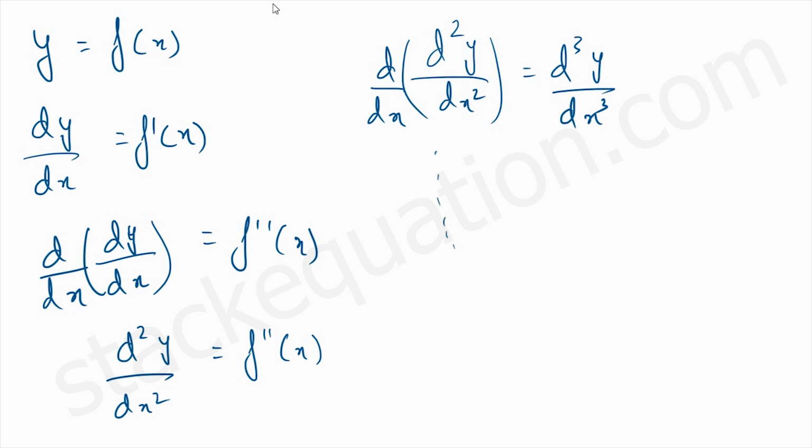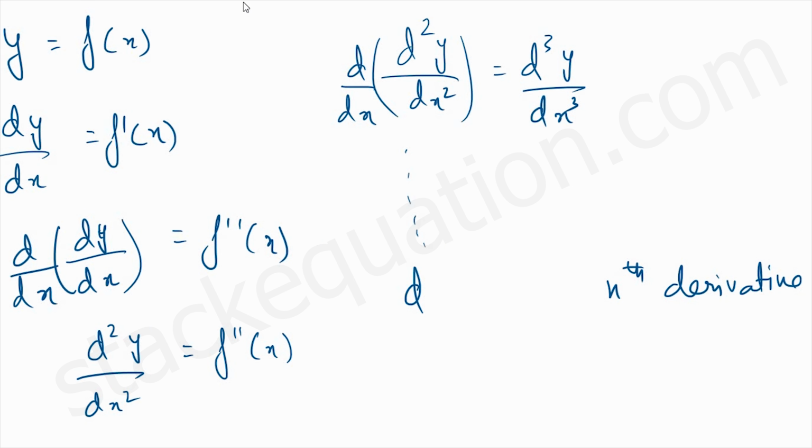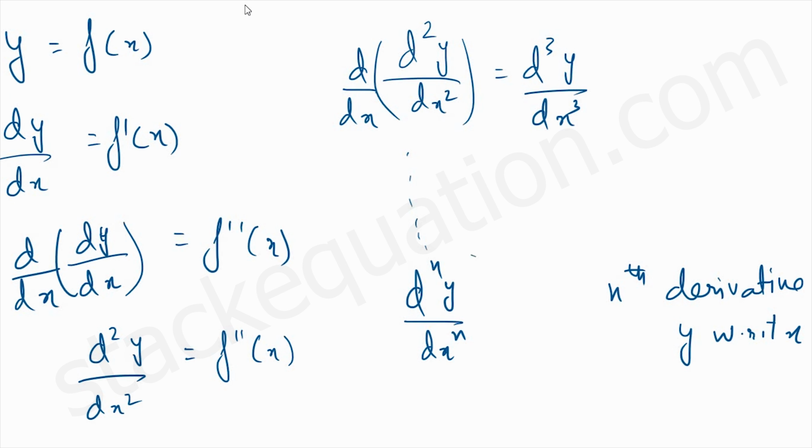This can keep going on, and we can write a general form for nth derivative of y with respect to x, which will be equal to d to the power n y by dx to the power n, right? So this is a general expression for nth derivative of y with respect to x.